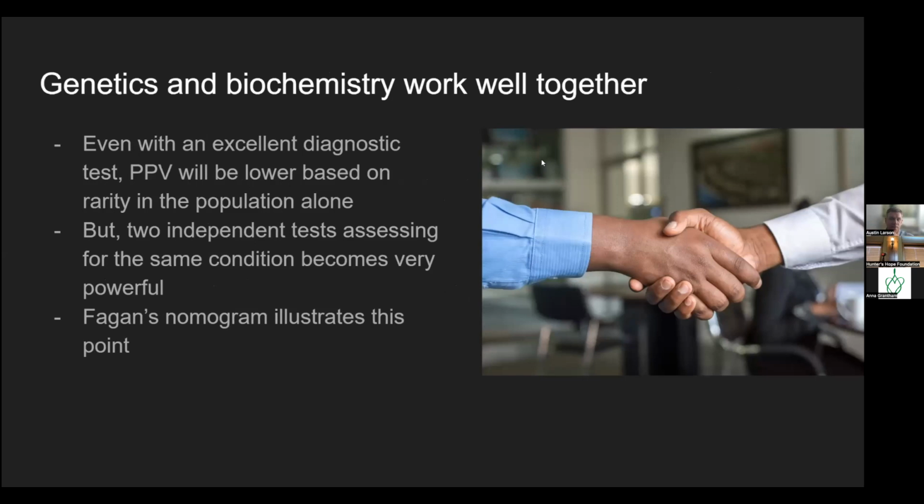One of the things that I'll mention from the perspective of newborn screen follow-up is that genetics and biochemistry work well together. A lot of y'all in this room were probably present for Mike Gelb's presentation yesterday. Dr. Gelb and some other folks who are working in this field, like Dr. DeBarber and Dr. Vaz, make a really compelling case that biochemical testing for CTX has extremely high quality performance.